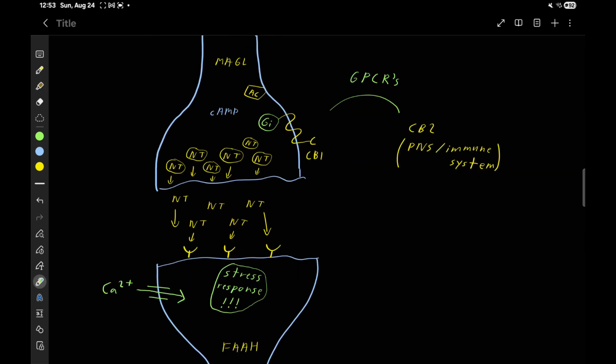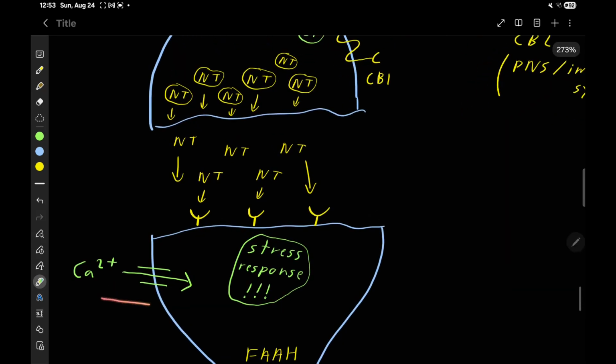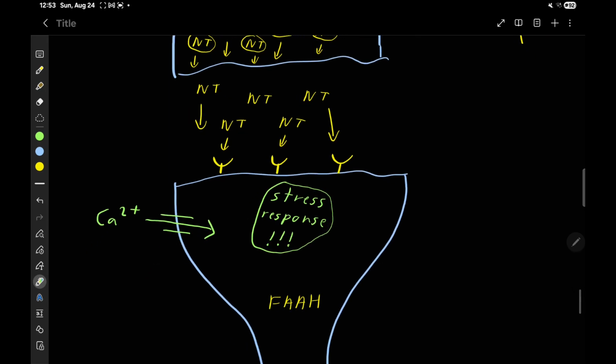So, in conclusion, the body's cannabinoid system is essential to keeping responses like calcium influx levels and stress responses under control. So, the responses like calcium entering your postsynaptic neuron or other stress responses, they trigger the production of anandamide and 2-arachidonyl glycerol, which are your main endocannabinoids.